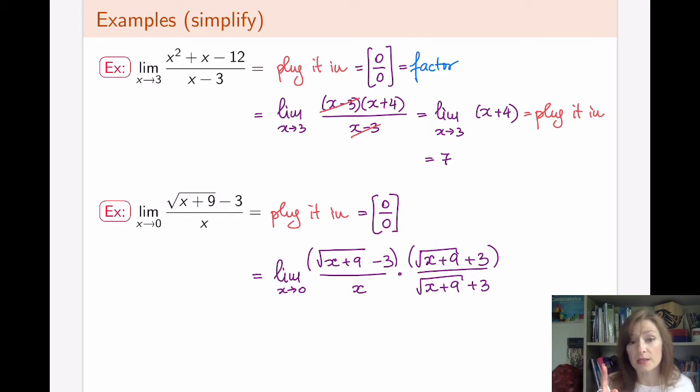So pause here and actually do the algebraic manipulations yourself. As I've mentioned before, math is not a spectator sport, so watching me do a bunch of algebraic manipulations is not actually going to make you any better at it. So please pause and try to open up the brackets, try to simplify.